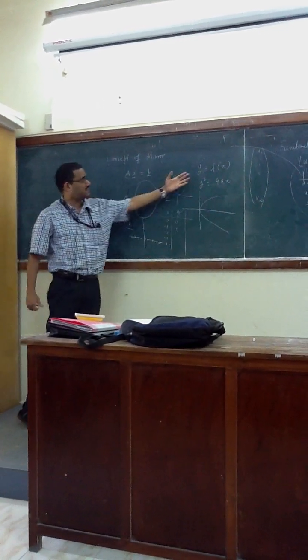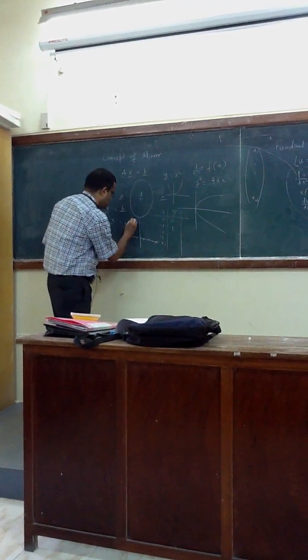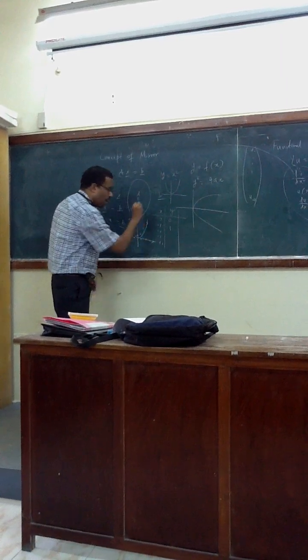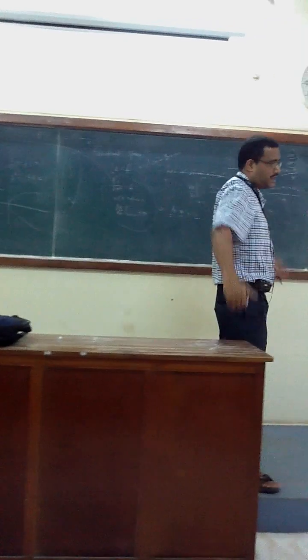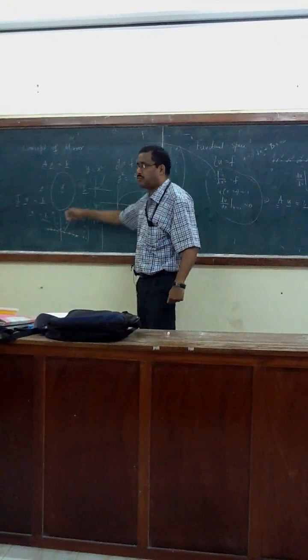When I apply this function y equals f(x), these points are coming here, and that's my parabola. For the entire set of x, if you apply f(x), you will get this parabola.